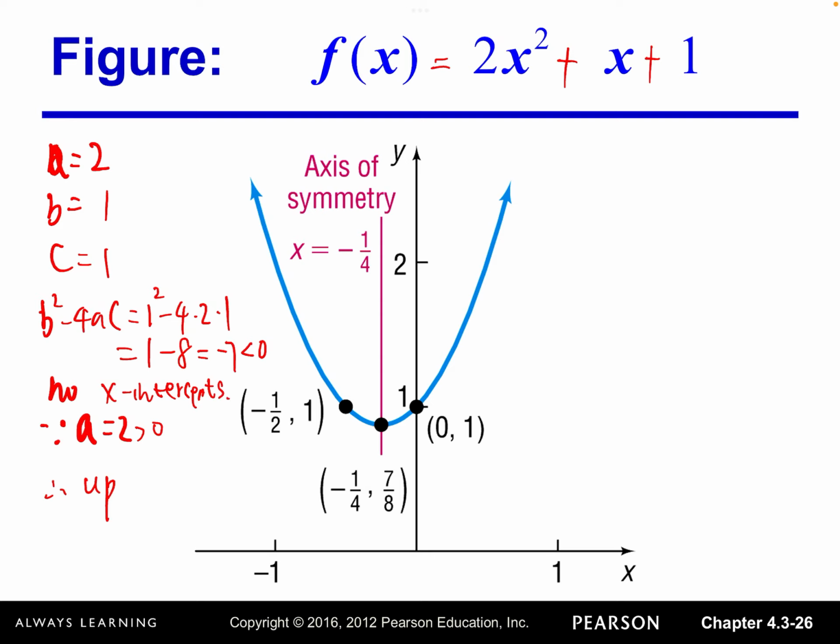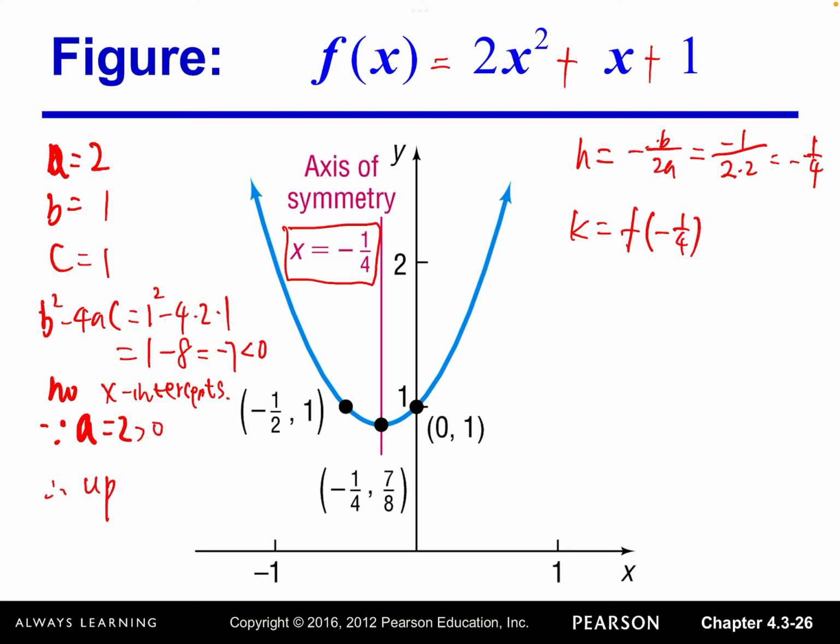All right, let's find the vertex. The h coordinate equals negative b over 2a, right? That's negative 1 divided by 2 times 2, which is negative 1/4. Once we find the x coordinate, we find the axis of symmetry too, which is x equals negative 1/4. And then for k, we need to evaluate f of negative 1/4, which is 2 times negative 1/4 squared plus negative 1/4 plus 1.